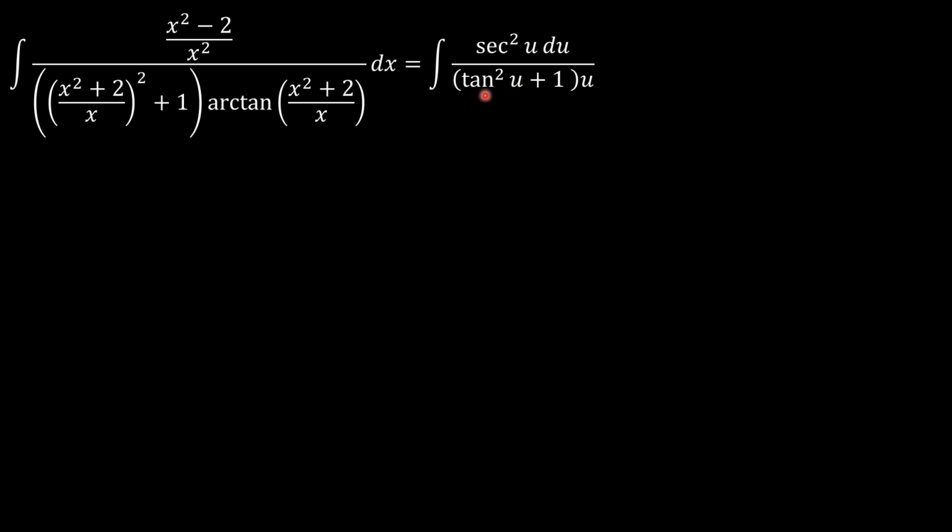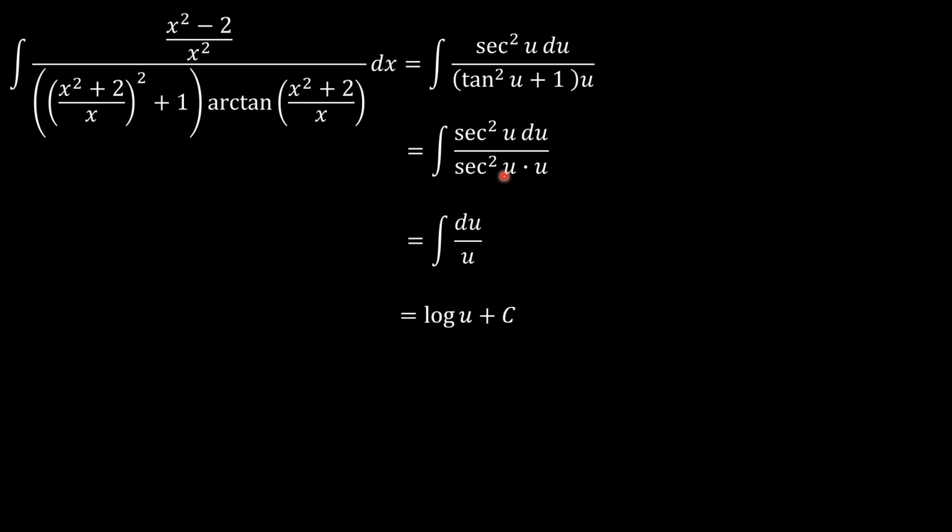The tangent squared u plus 1 is the same as sec squared u. So that now allows us to have two similar functions, in both the numerator and denominator, that can cancel out. So sec squared u in the numerator and sec squared u in the denominator will cancel out, and our integral now simplifies to the integral of du over u. And when we integrate that, we have the natural logarithm of u plus the integration constant.